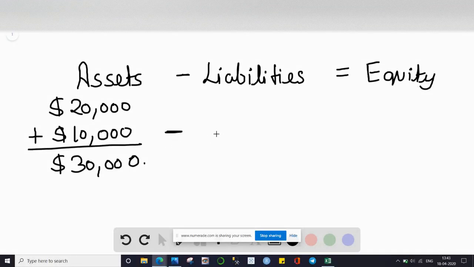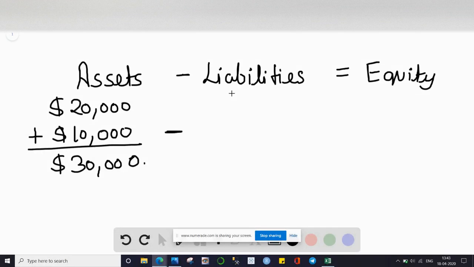Let's suppose you have purchased some video games from outside the country. You have imported some very advanced video games that were not available in your country, but you have not paid those suppliers. So that will become your liability.